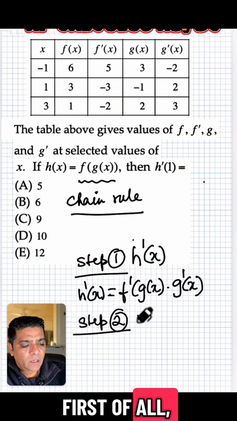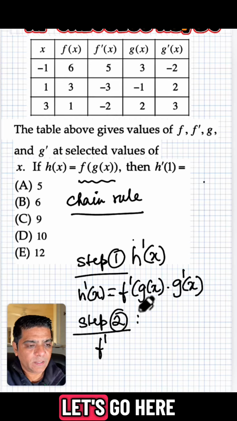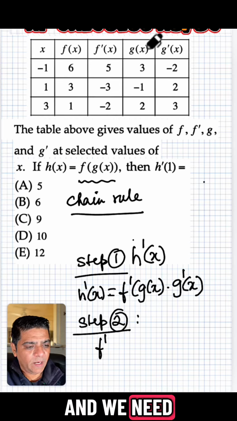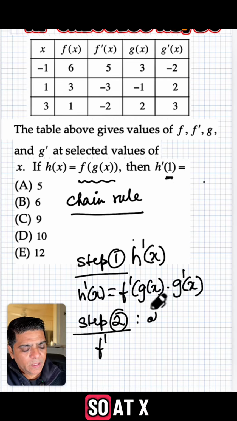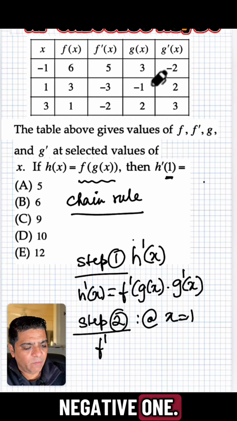First of all, f prime of g of x. So what is g of x? Let's go here and see g of x, and we need to find that at 1. So at x equals 1, g of x is -1.